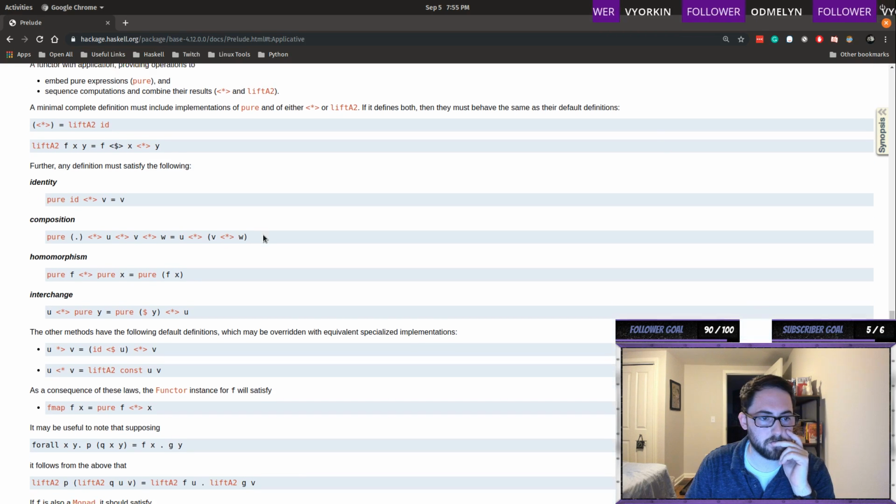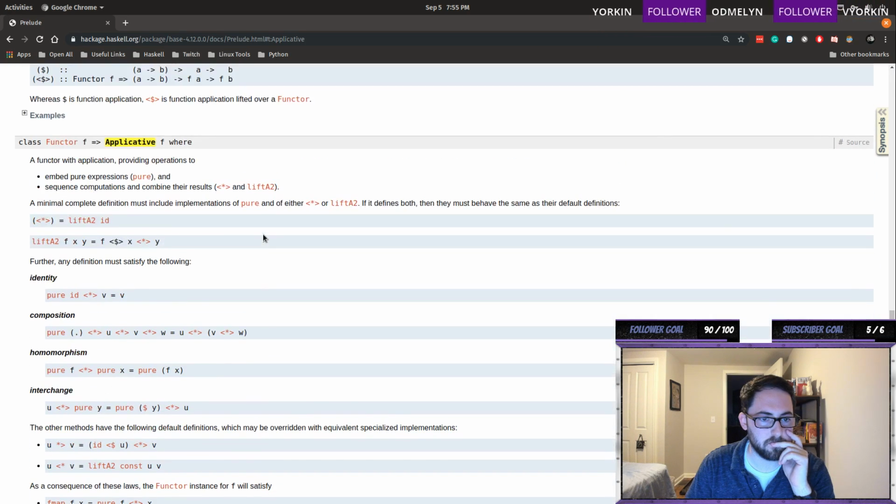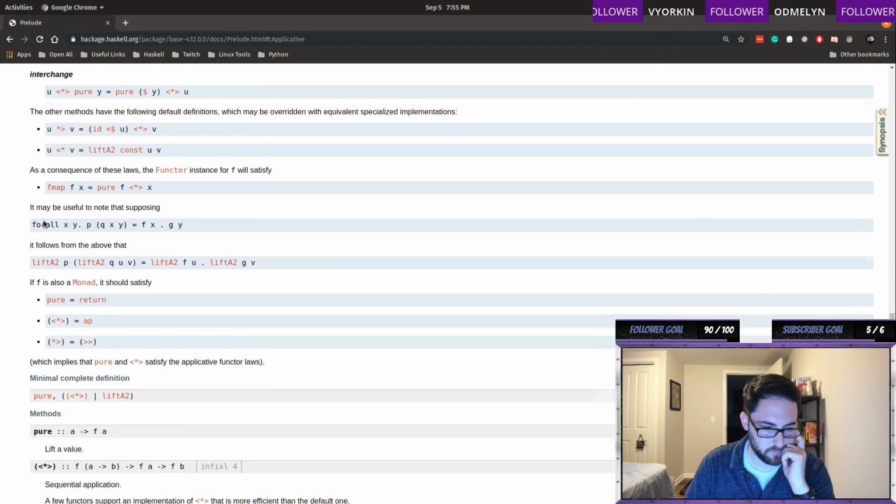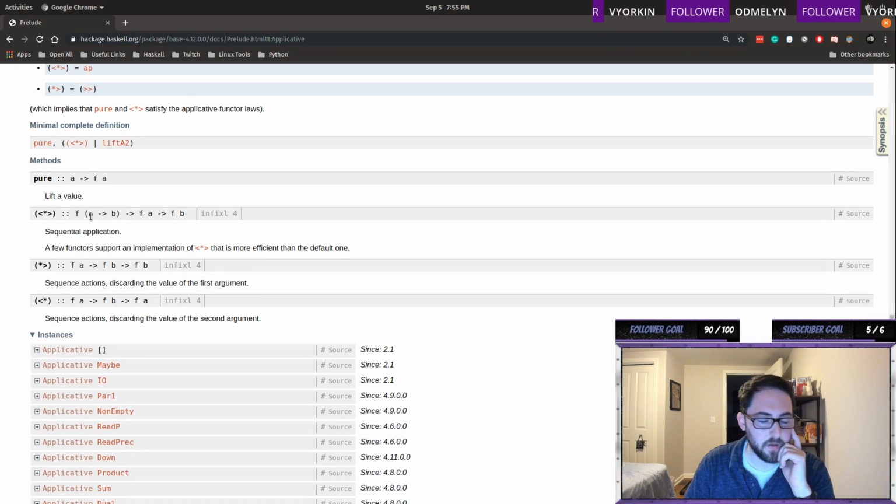Okay. This doesn't even show the types. Useless. Here we go. All right, so I got a function that takes me from one state to another, and then I have a functor of state.